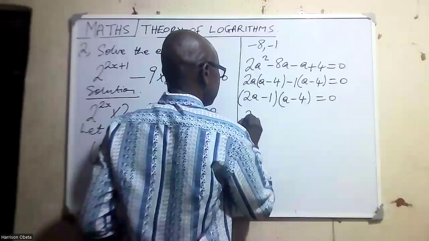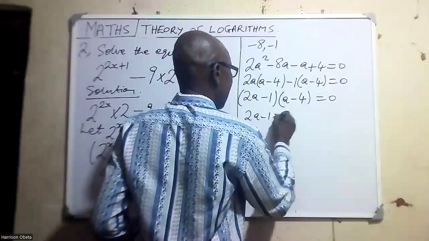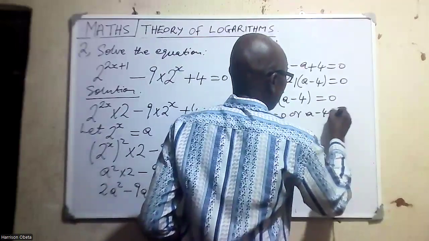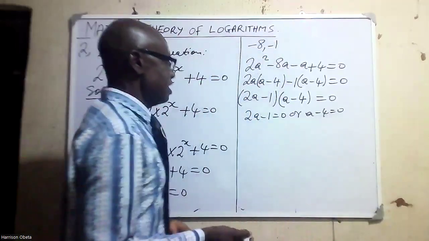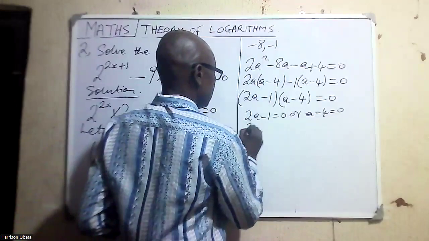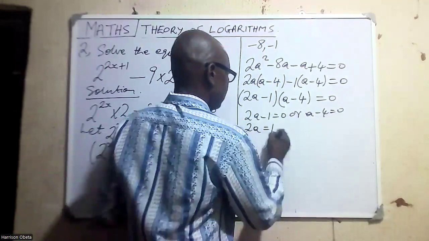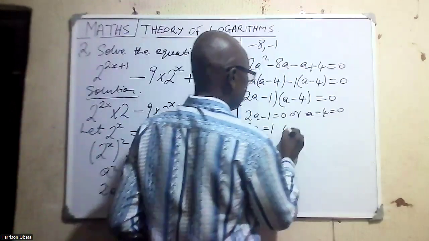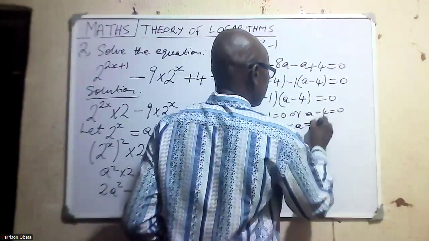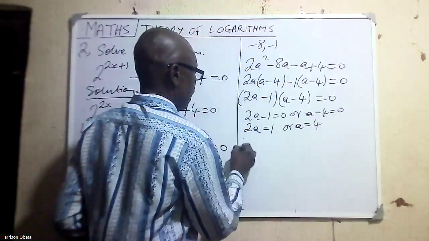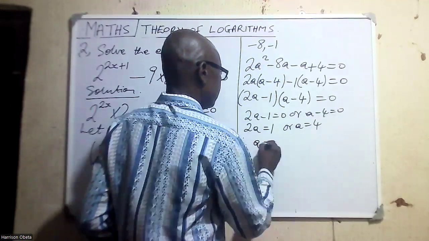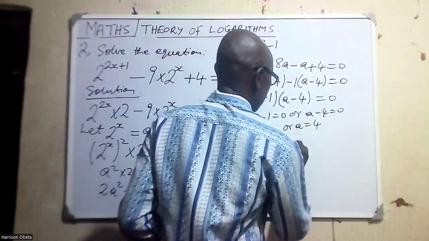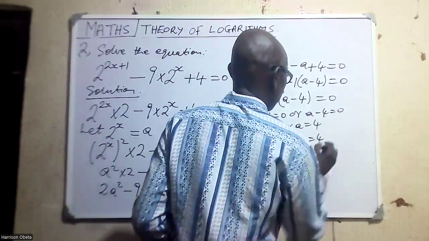And that means that 2a minus 1 is either 0 or a minus 4 equal to 0. And in that case, it means that 2a is either 1, that is this one crossing over to the other side, or a is equal to 4. Therefore, a is either 1 over 2 or a equal to 4.